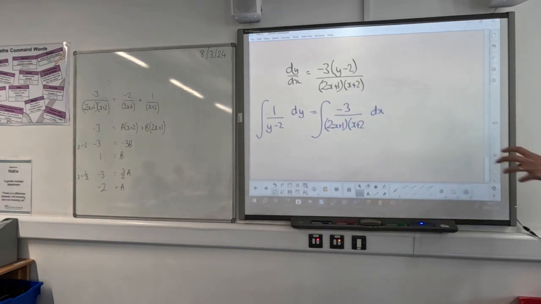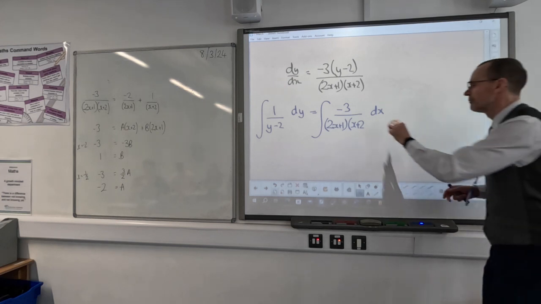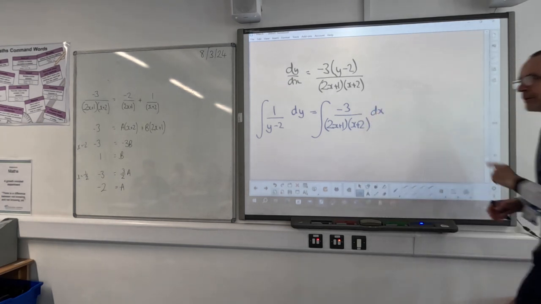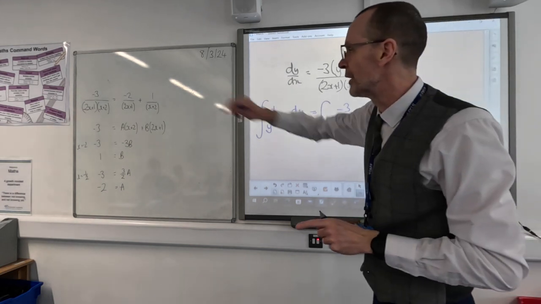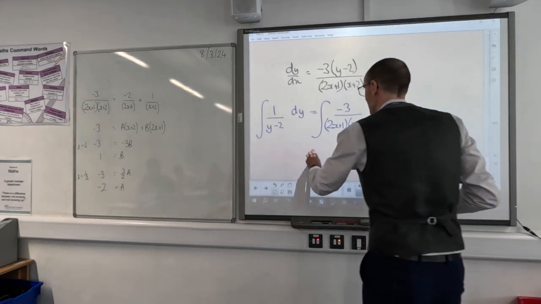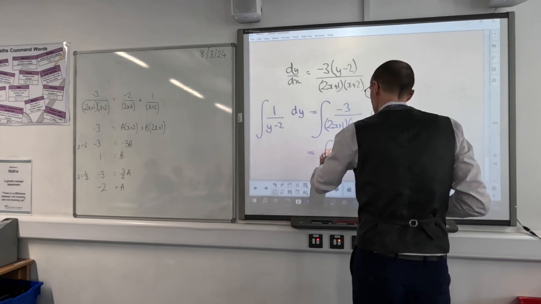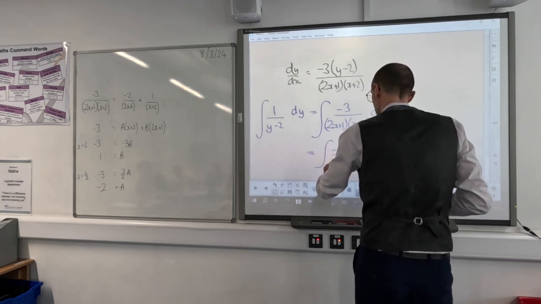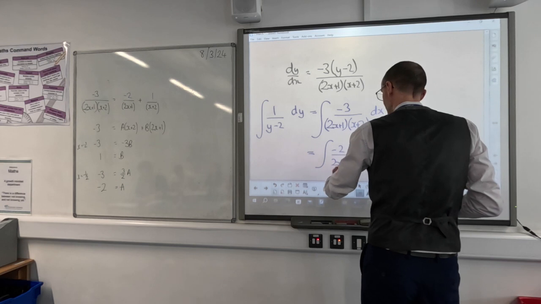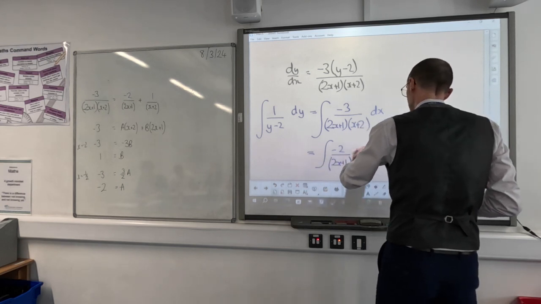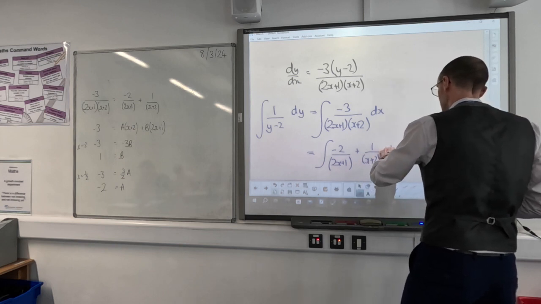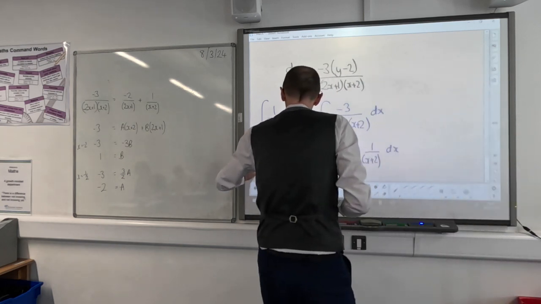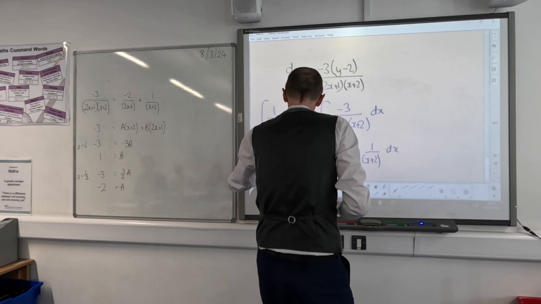Now if you took the -3 down, that's not a disaster at all, but actually it works out quite nicely because I've partial fractioned that for you, and that becomes... so we've got three things that are going to turn into logs.